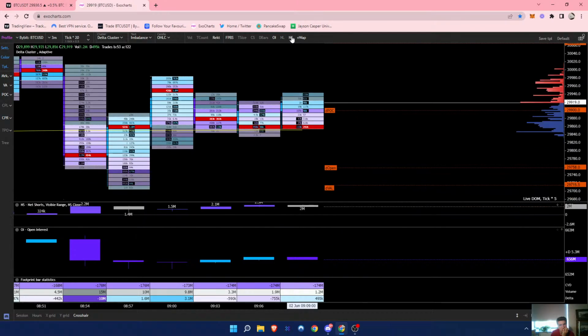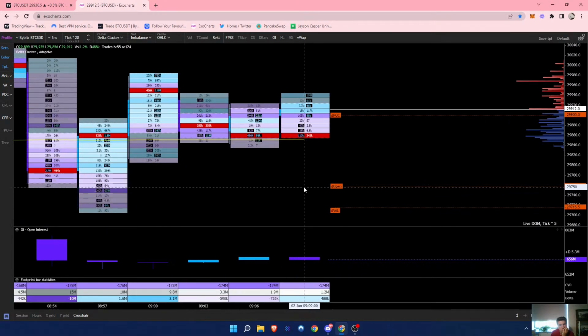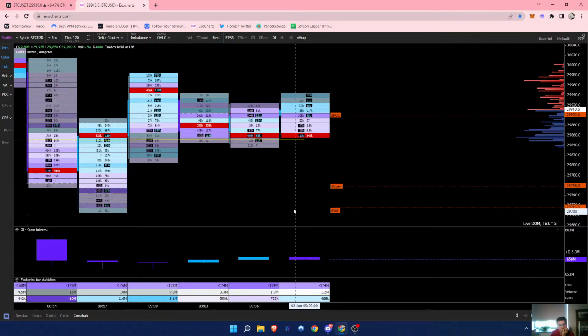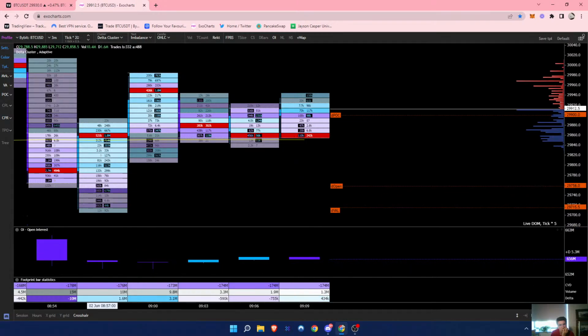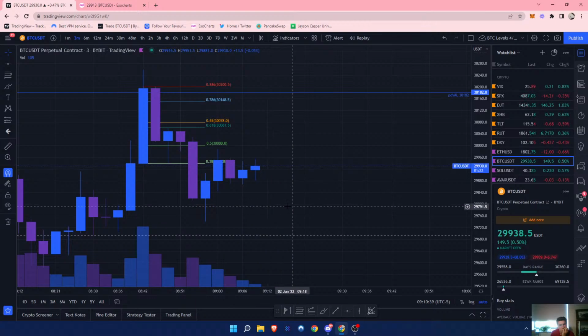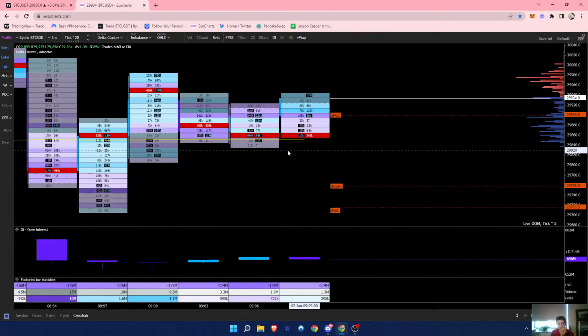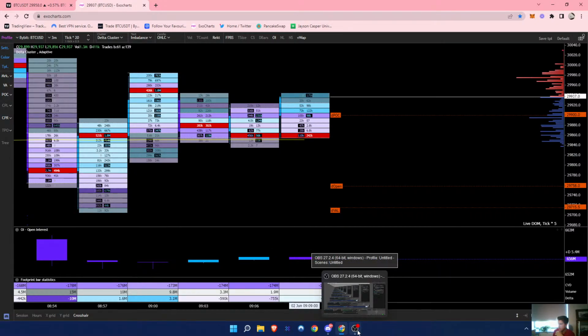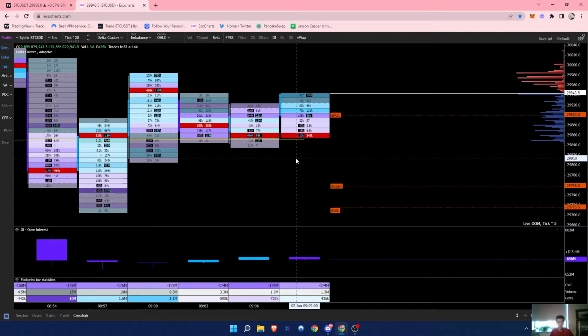Longs are closing out. Shorts are closing out. My overall bias at the moment is bearish.